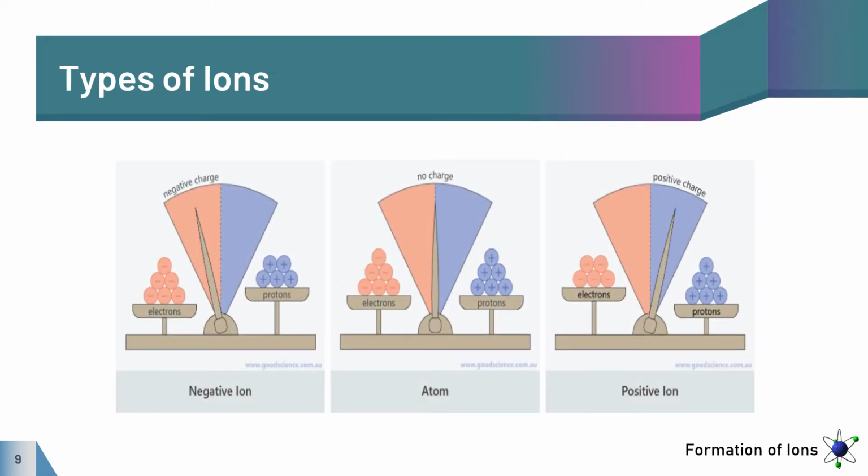Another illustration can be used to represent ions in the form of cation and anion. Center part first. So this one is the neutral atom. And on the left side, you can see a negative ion, which is an anion. And on the right side, we have a positive ion or a cation.